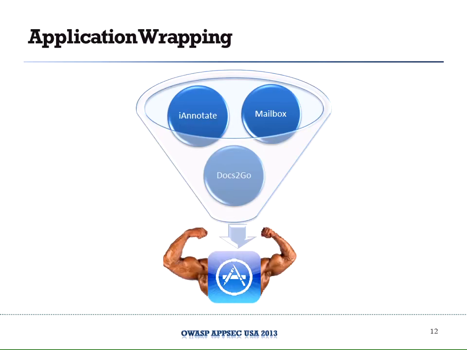So this is a very high-level diagram of essentially how app wrapping works. An organization says, all right, there are a lot of good apps out there on the App Store. You have a mailbox application I want them to use to read their mail. I want them to use the iAnnotate application to read and edit PDF files. There's a Docs2Go application to read and edit Word documents.